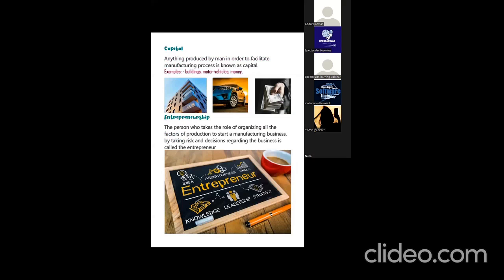The entrepreneur manages all the land, labor, and capital of a business. So entrepreneurship is the role of organizing all these factors. Most of the time, the entrepreneur of a business would be the owner, because the owner handles all the capital, labor, and land of the business. Did you all understand the four factors of production? Yes. Okay.